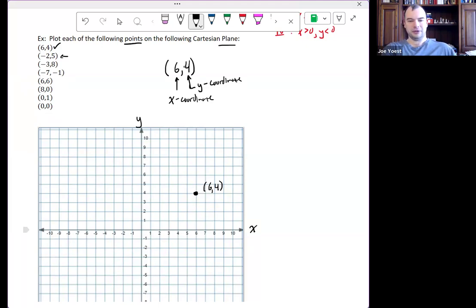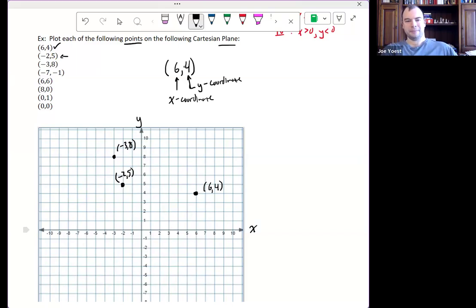What about negative 2, comma 5? Here we're looking at x equals negative 2, y equals 5. So we're referencing that point when we say negative 2, comma 5. Or negative 3, comma 8: x equals negative 3 on the horizontal axis, 8 on the vertical.